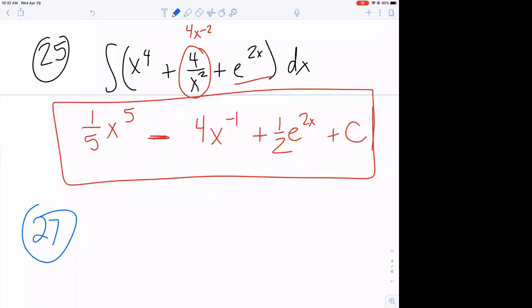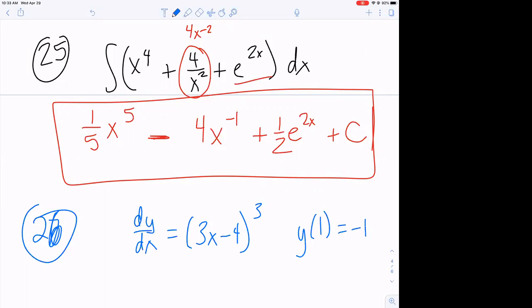So 27 then is, or no, 26, sorry, we're skipping 27. Number 26 is dy dx equals (3x minus 4) to the 3rd, and then y(1) equals -1.